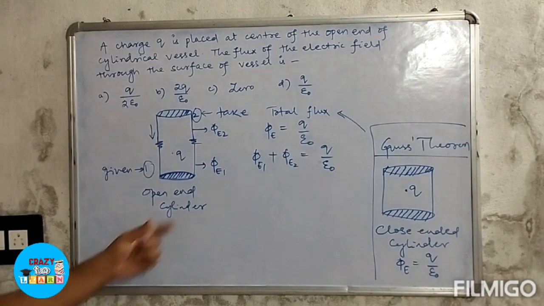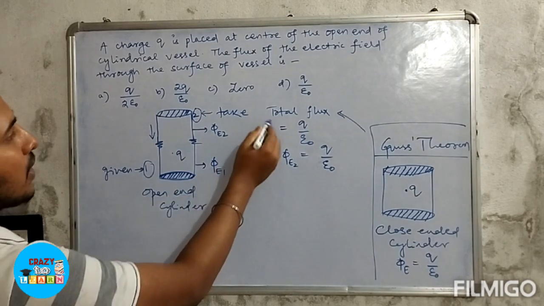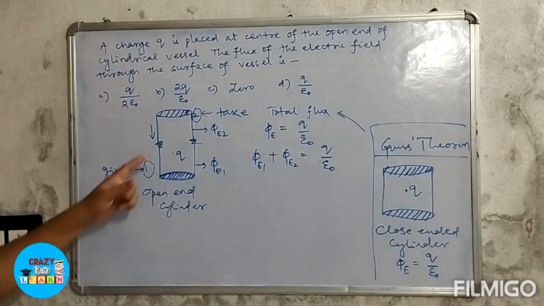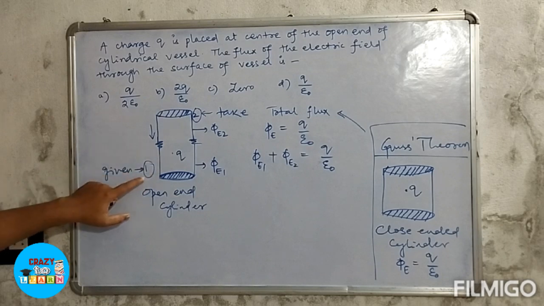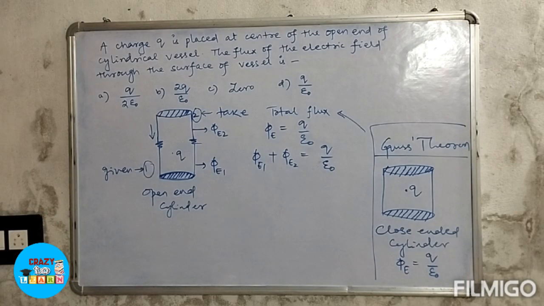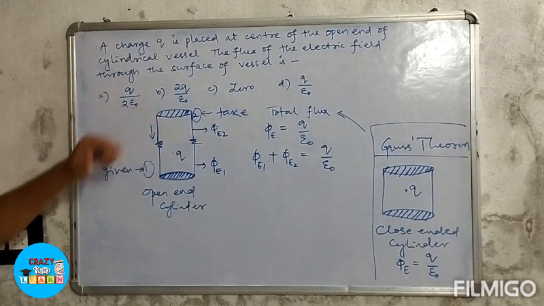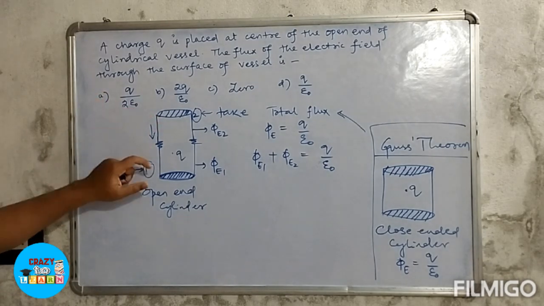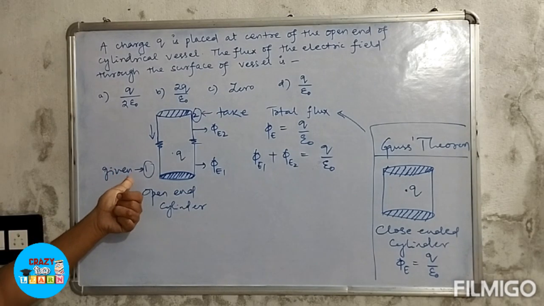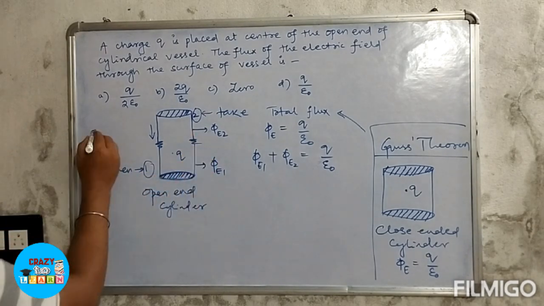Okay, so the total flux phi E is the sum of the flux linked with the vessel 1 and the total flux linked with the vessel 2, and both have the same electric flux because vessel 1 and vessel 2 are similar. So the flux linked with the vessel 1 is equal to the flux linked with the vessel 2.